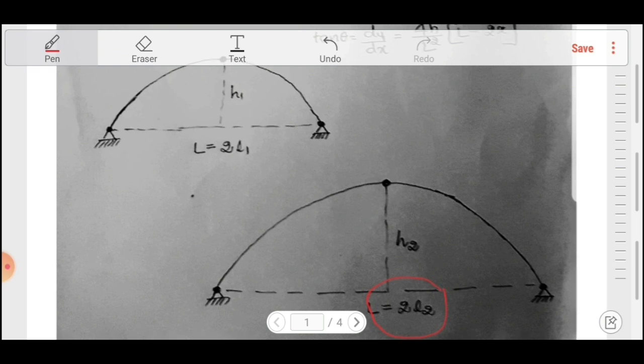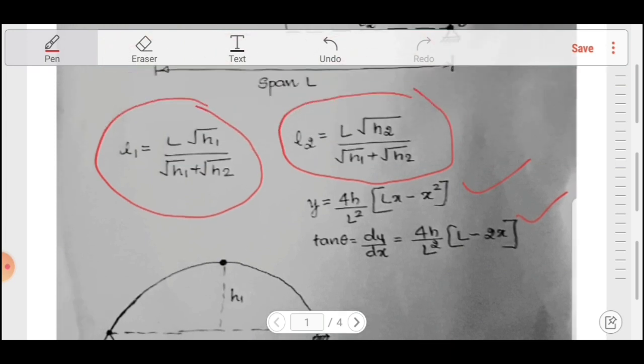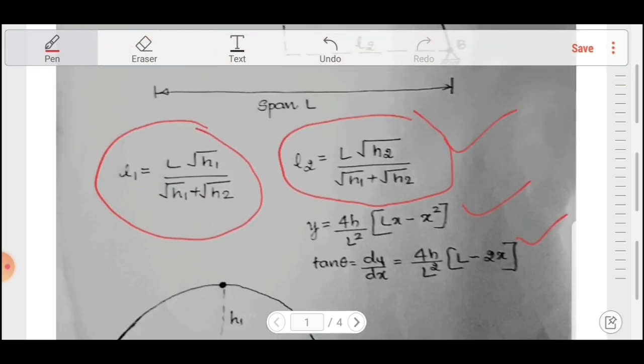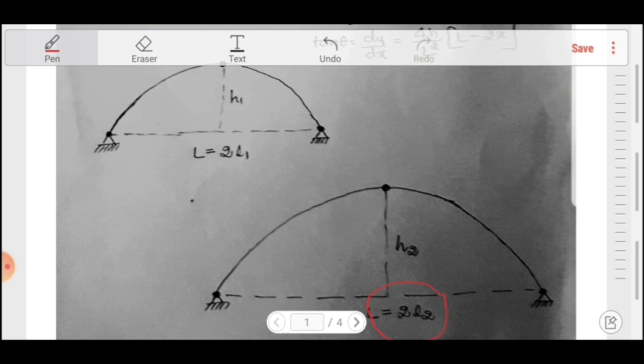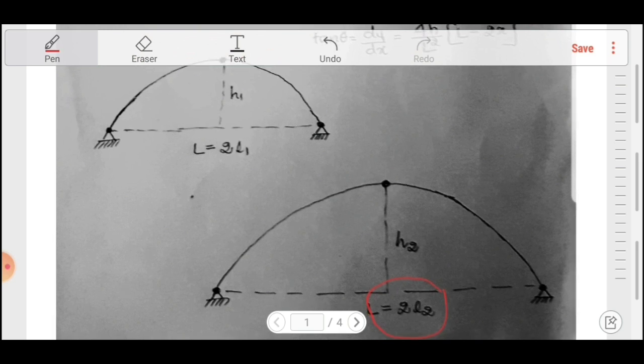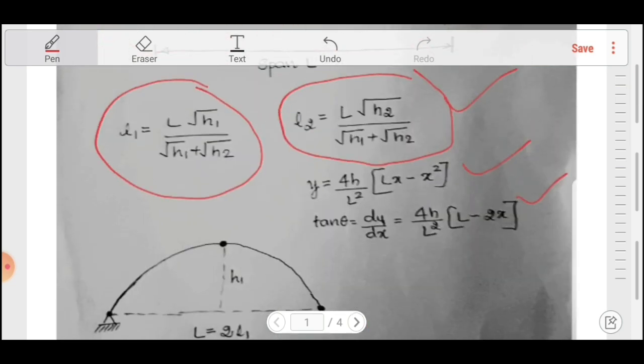This value of L2 you will obtain from this particular equation. So once you get L2 and the total span is equal to 2 times L2, then you need to substitute in these equations, so that the corresponding value of y, if it is required, you can calculate, and the corresponding value of theta also you can calculate using this formula. Okay, next we will see one problem.